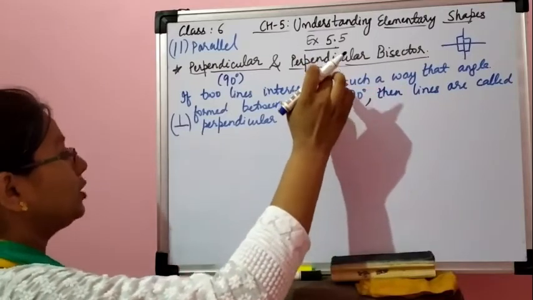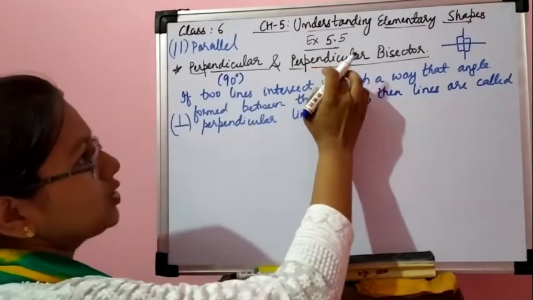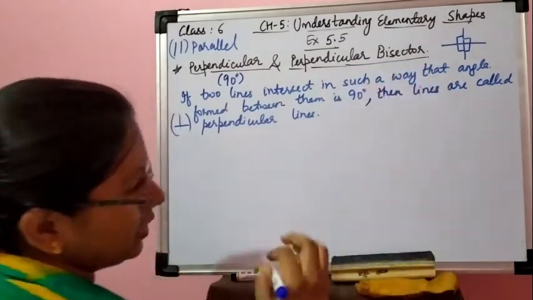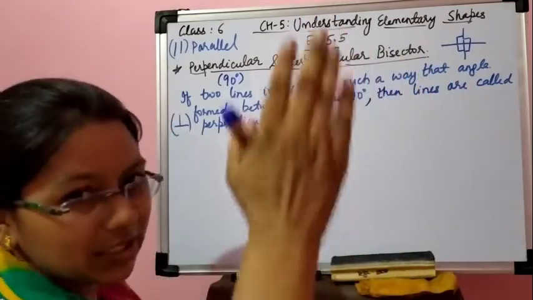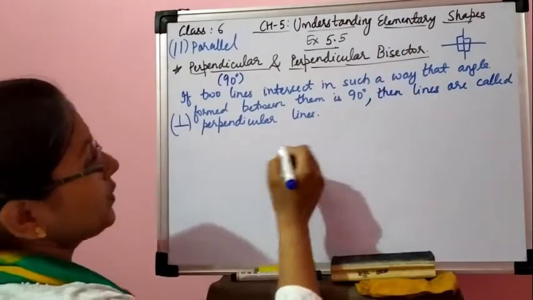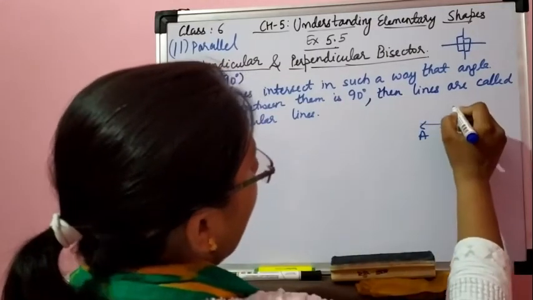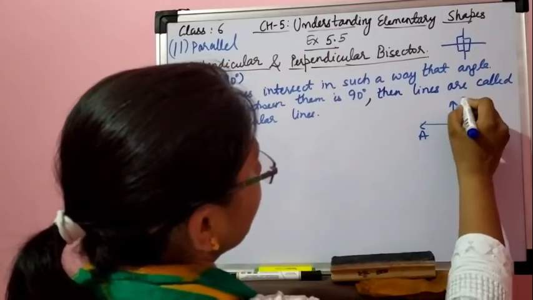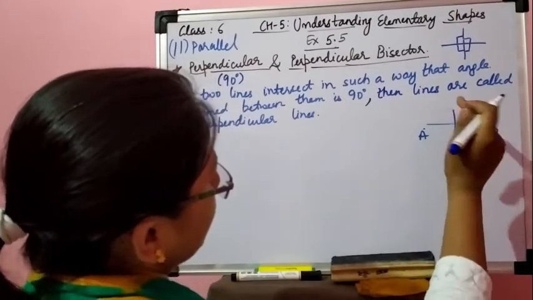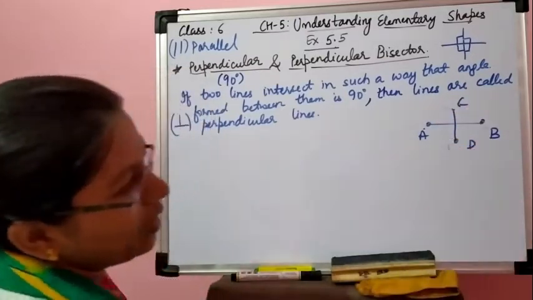If it is said perpendicular bisector, the word perpendicular means that definitely it should have 90 degree. Now what does the word bisector mean? Bisect: bi means two, sect means cut, so two equal cuttings. Suppose this is a line segment AB and this is a line segment CD. We should take them as line segments, not lines.